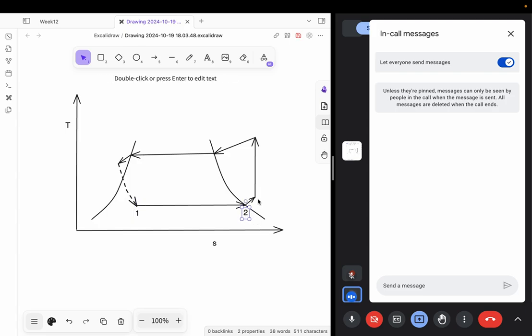But because of the superheating, the original state is 2, so I'm representing the previous state with 2 prime. The compressor output is state 3, and this we don't need. Let's call this 3 prime. From 3 prime, you'll go to state 4.